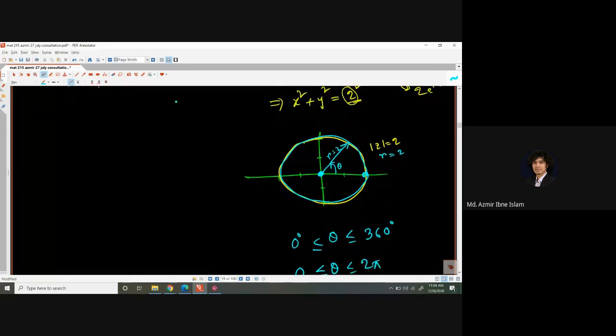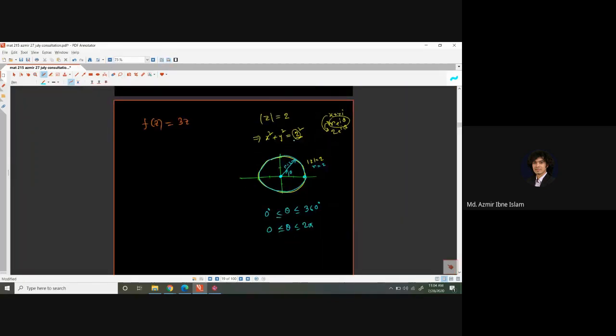So instead of x squared plus y squared equal to 2 squared, we can also write this in this way, r e to the power i theta, where theta is between 0 and 2 pi. Is that okay? All the information looks different, but it is actually giving us the same criterion, that it is a circle.